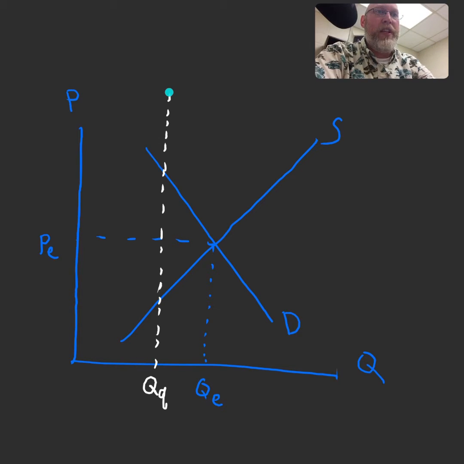Let me change colors again. So basically, when you're operating below the quota, the amount that farmers grow follows the supply curve. The law of supply works at that point until you hit the quota. And then at any other price, the farmer no longer responds to the price incentive.